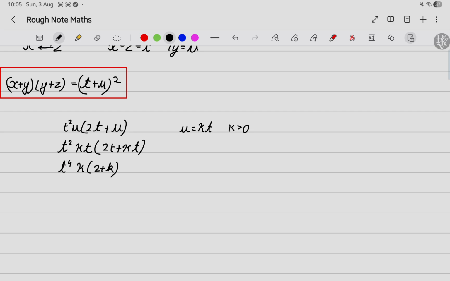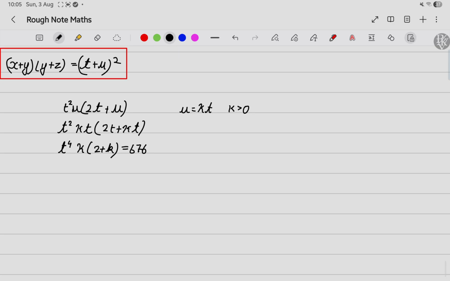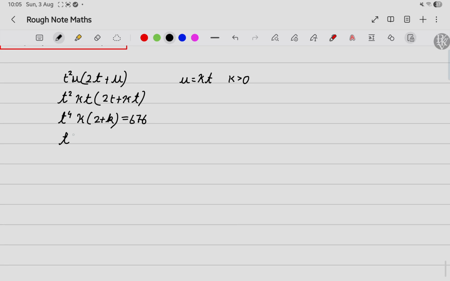So t raised to 4 times k times (2 + k) will be equal to 676 as per the question. So t raised to 4 will be equal to 676 divided by k times (2 + k).